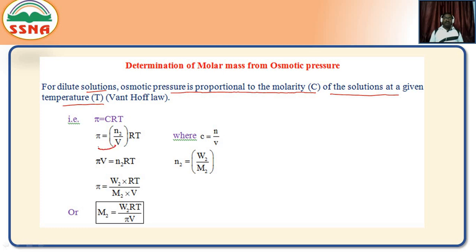We are getting pi into V is equal to n2 into RT. n2 means number of moles of solute, that is expressed as mass of solute by molar mass of solute, W2 by M2. Substitute here. Finally, we are getting M2 is equal to W2 into RT by pi into V. This is the formula to determine the molar mass of solute from osmotic pressure.